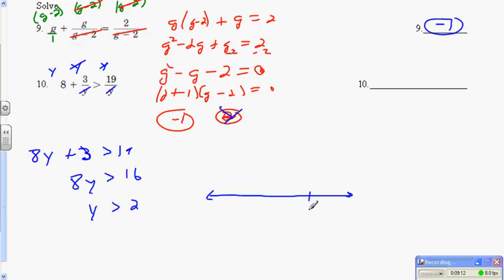So critical point is at 2, and there's a variable in the denominator, so at 0 also. We have 3 sections.